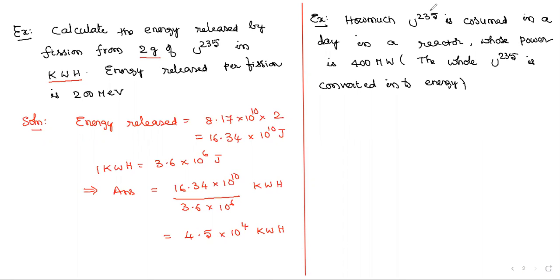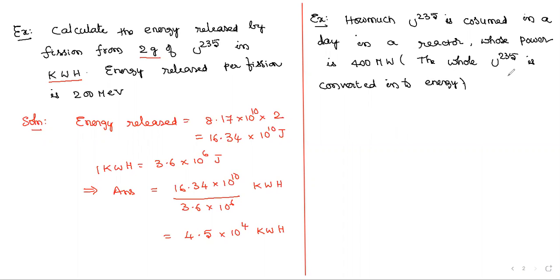Means whole uranium-235, like the coal, is not completely converted into ash. It is converted into daughter nuclei and releases the energy. One uranium disintegrated, split into two parts, releasing the energy. Still barium and krypton fragments are there. Total mass is not converted into energy.